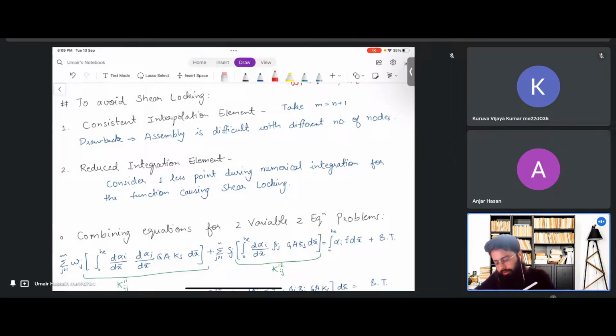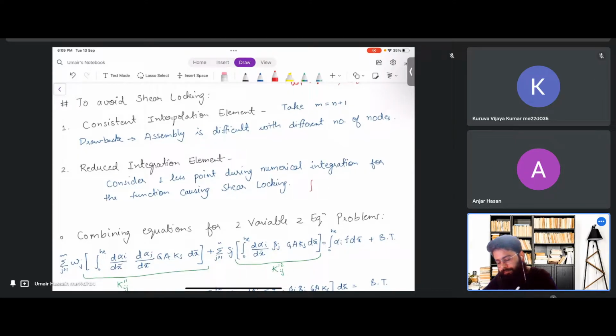We haven't come across numerical integration in FEM problems yet, so at this moment it's not very straightforward to understand this, but I'll give a brief idea.